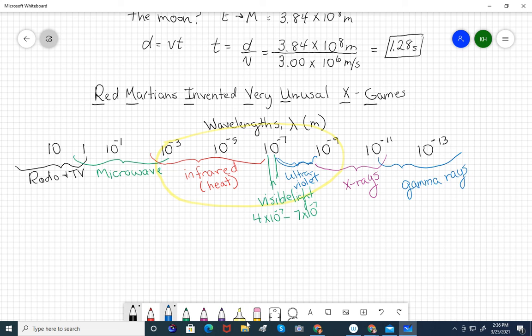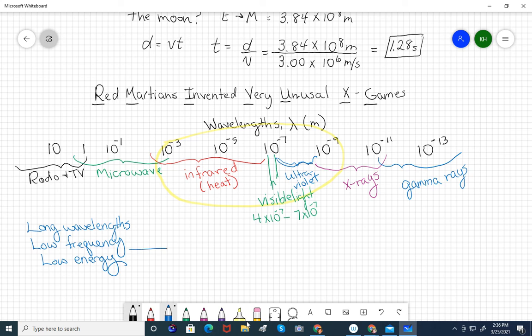As you go from one end to the other, this end down here by radio, we're talking long wavelengths, low frequency, and low energy. Energy is directly related to the frequency of light.